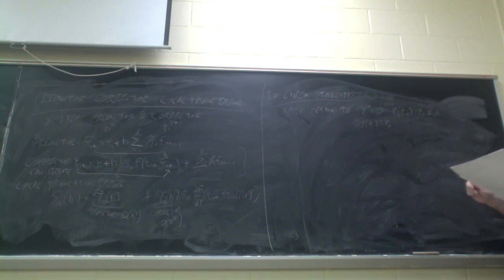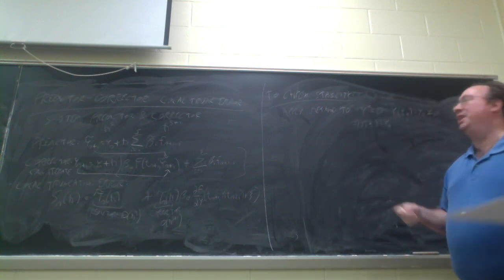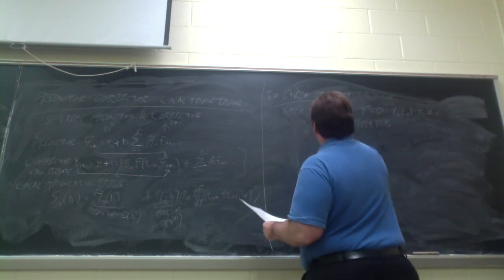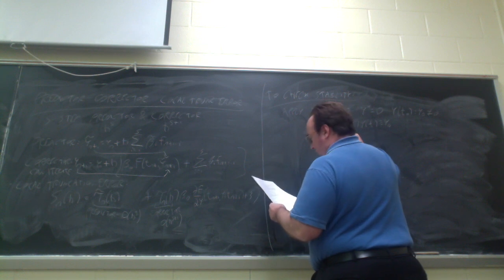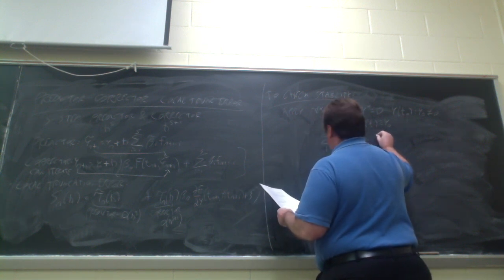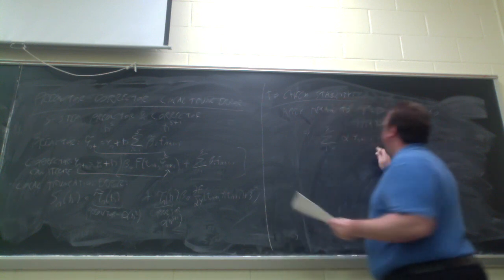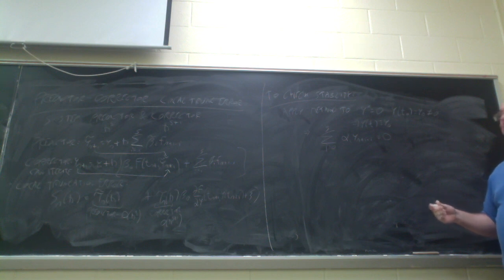So the thing is, if you use your multi-step method, what would you get? You would have your y values, the sum of alpha i, y n plus 1 minus i, must be 0, because if f is 0, the entire right-hand side of your multi-step method is going to give you 0.